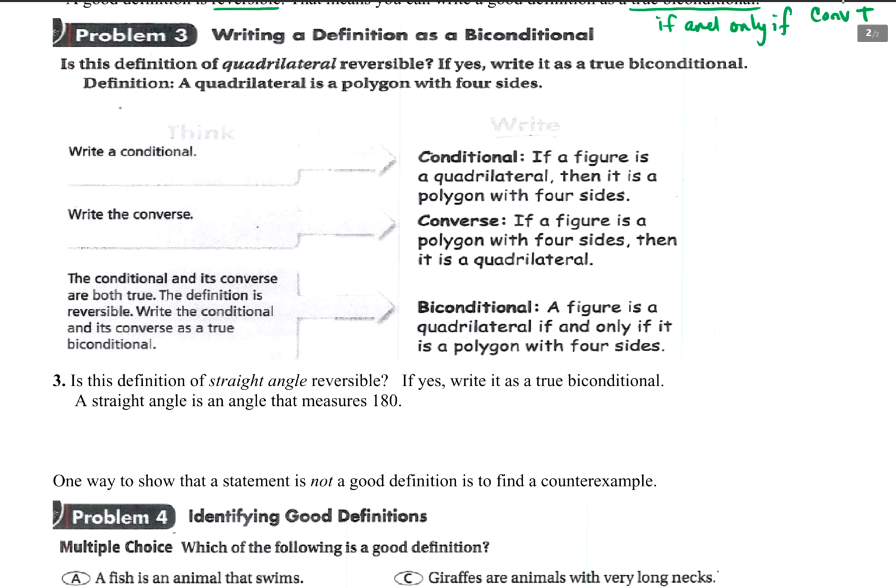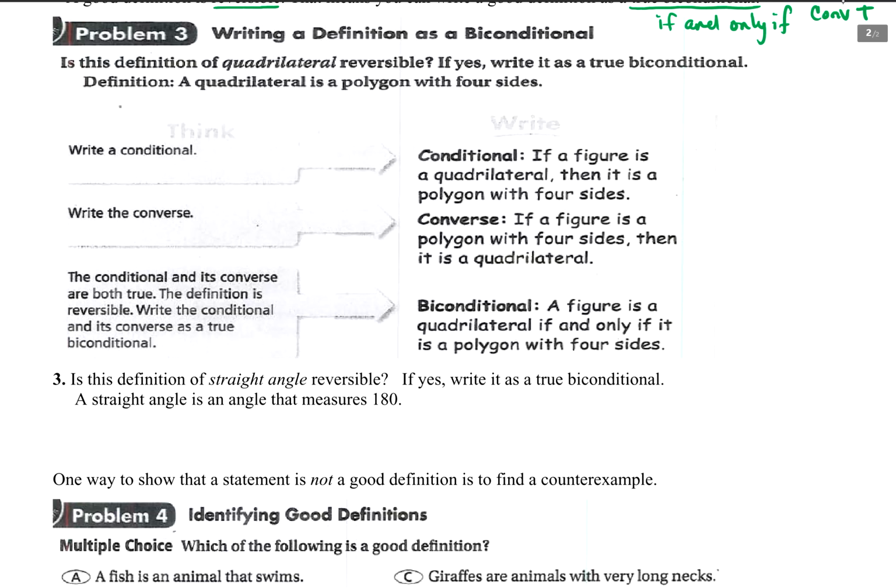All right, let's look at some examples of these. Is this definition of a quadrilateral reversible? If yes, write it as a true biconditional. So we have a quadrilateral is a polygon with four sides. Well, the first thing we need to do is turn that into a conditional. So we have to find our separation point. What are the two things we're talking about?